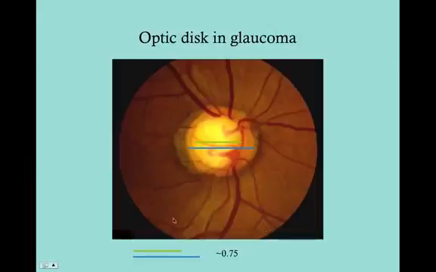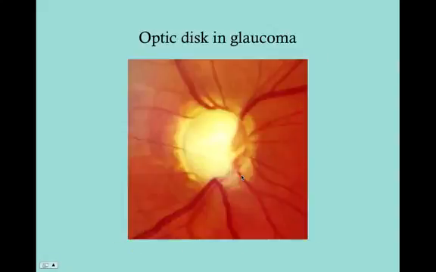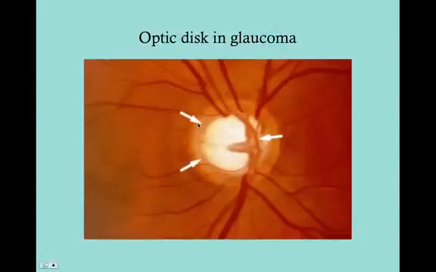So this would be a severely elevated cup disc ratio of 0.75. Ultimately, it can develop to the point where the patient will have almost no visible disc. The cup will take up the whole thing. So here's another one. And another one.